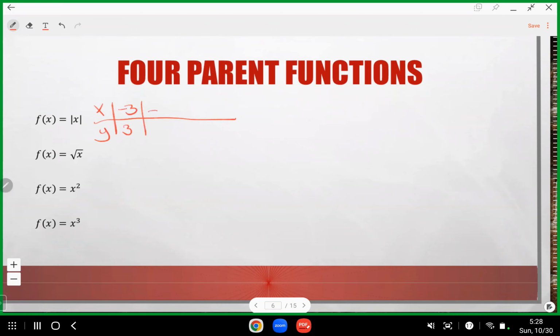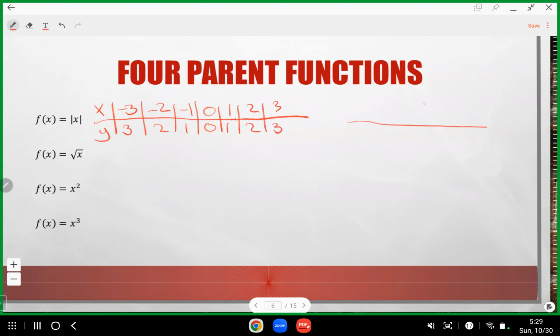Good. So -2 gives 2, -1 gives 1, 0 gives 0, 1 gives 1, 2 gives 2, and 3 gives 3.